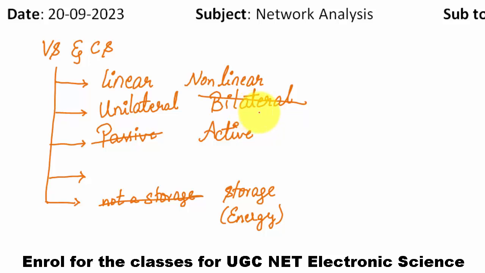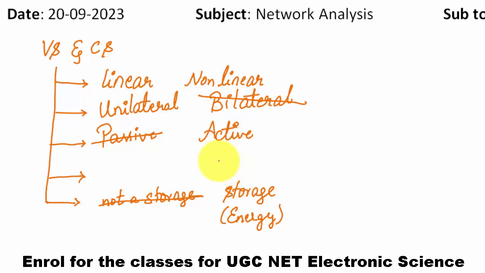Refer to any textbook of your choice. They will be speaking only with respect to resistors, inductors, capacitors, and diodes. Transistors they will take, and then they will make a classification whether it is linear, non-linear, unilateral, bilateral, passive, active, not a storage element and storage element. But here let us try to derive the same thing for voltage source and current source also.